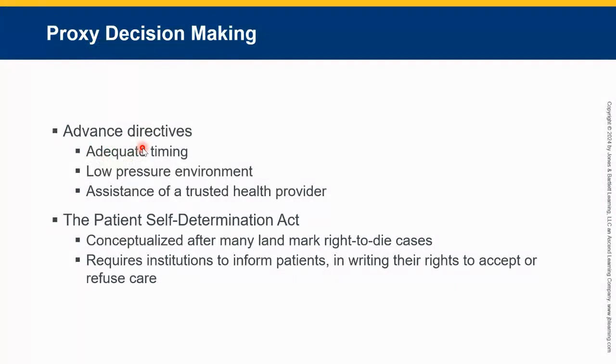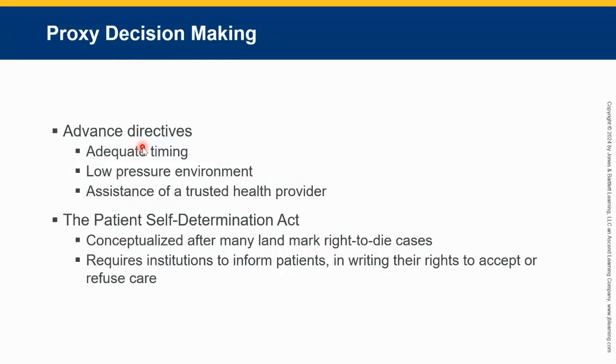Just some research I came across was interesting. Questioning prospective proxies and those for whom they were to make decisions, found that spouses, so spousal proxies, were more accurate in their substituted judgment than adult children.